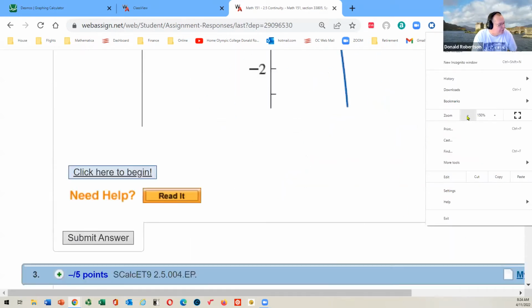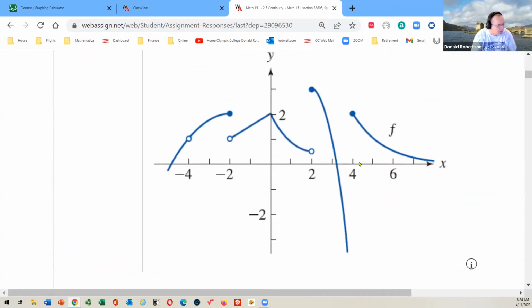It's not fish nor fowl. Are we comfortable with that then? So if someone gives you a messed up picture like this, can you find the x coordinates of its discontinuity? Would you say, yeah, I think I could do that? Could you tell me whether it was a removable discontinuity, a jump discontinuity, or an infinite discontinuity?